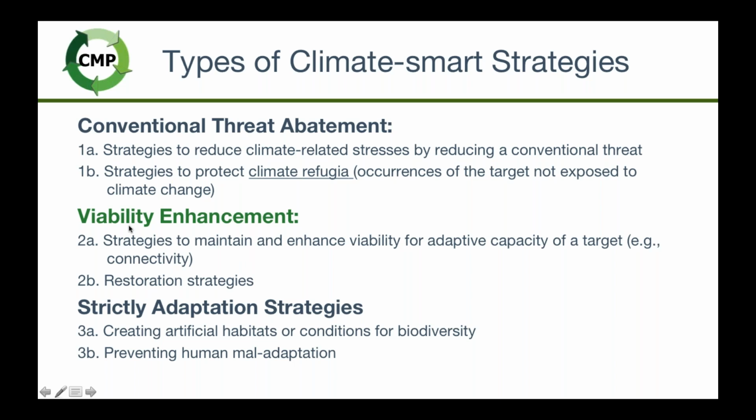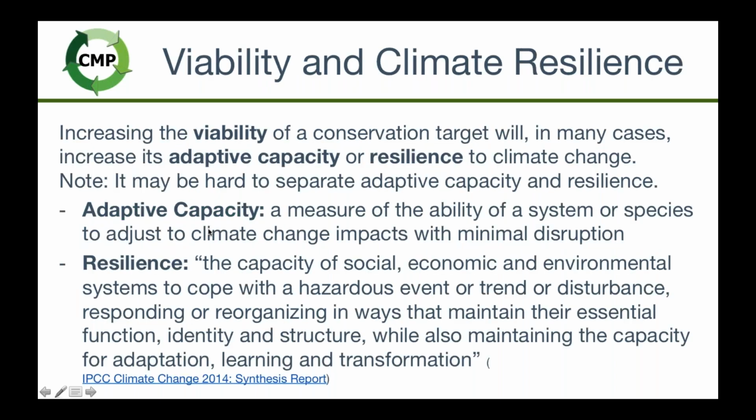Okay, so moving into viability enhancement. So first of all, a few words about viability and climate resilience. So increasing the viability of a conservation target will, in many cases, increase its adaptive capacity or resilience to climate change. So John and I had a long discussion about adaptive capacity and resilience and what's the difference between those terms.